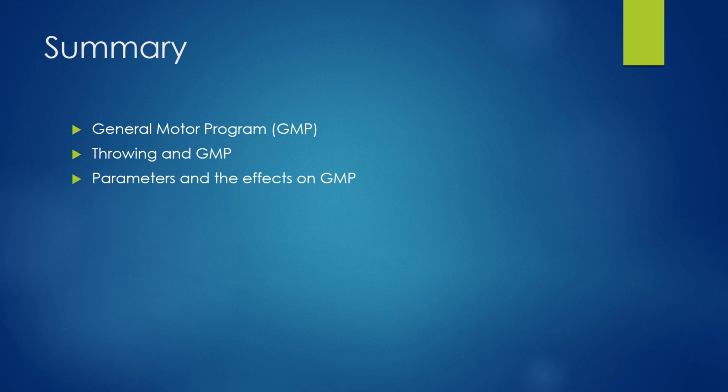So before we get into the summary, I just wanted to bring up why understanding GMP is kind of important. Understanding a core movement is beneficial, because then watching it translate between different sports, like football and baseball, you can actually use different parameters like we discussed and help an athlete become more versatile in their sport, or actually help them grow to become more of an all-around athlete.